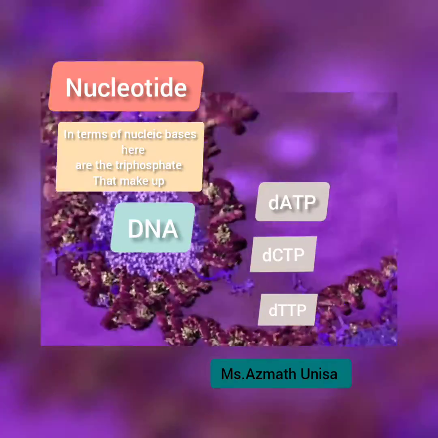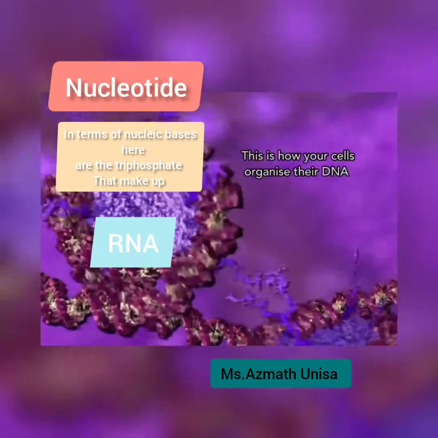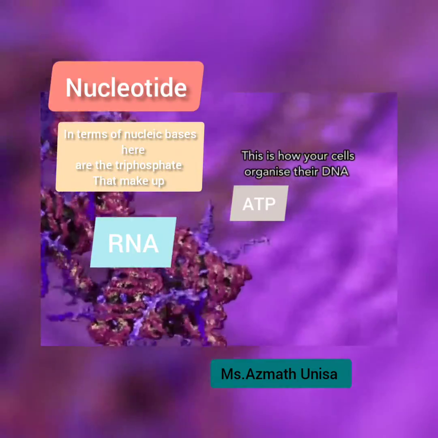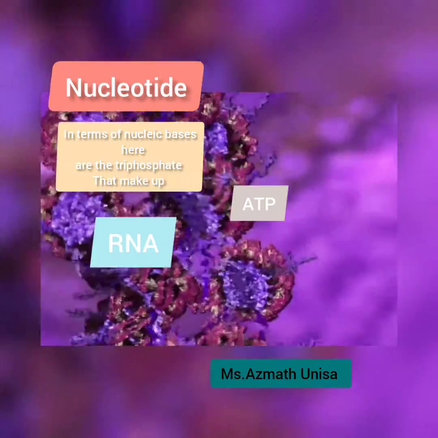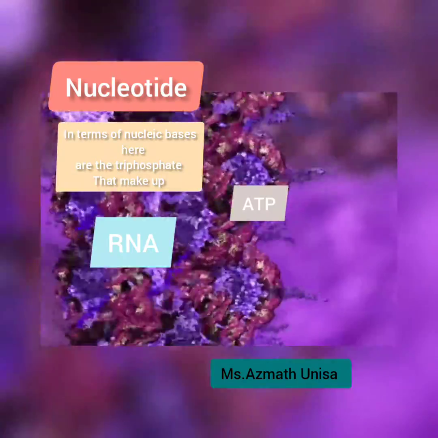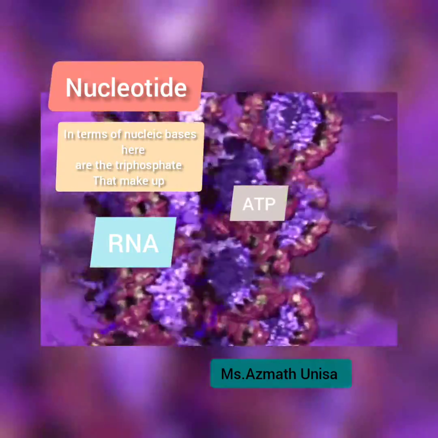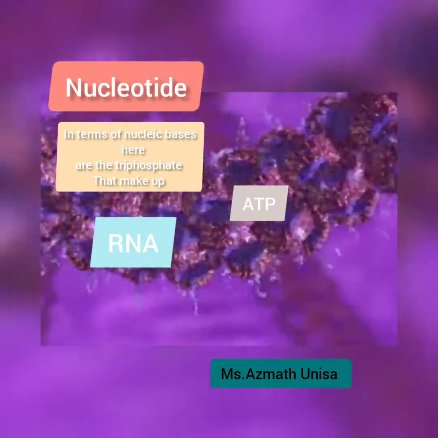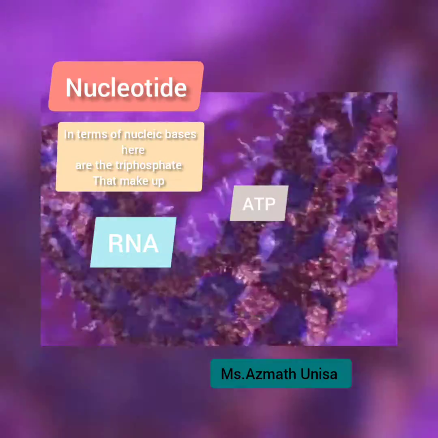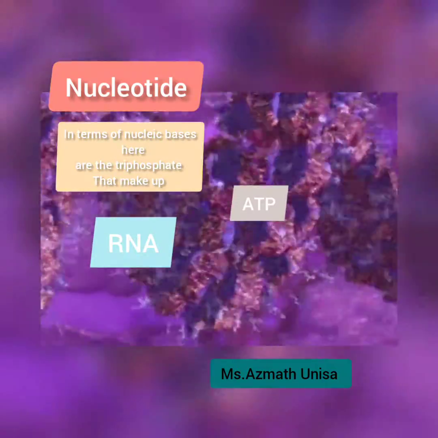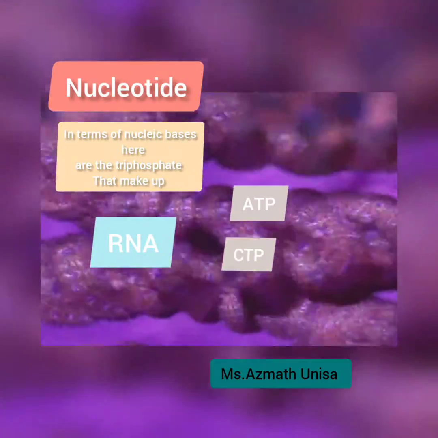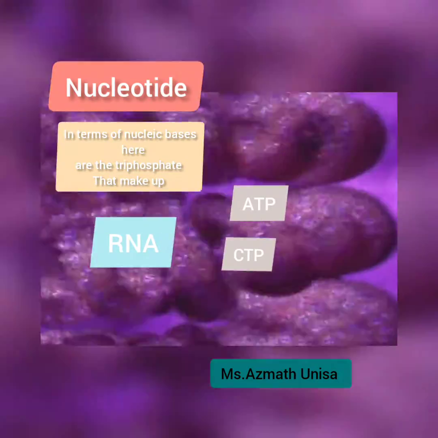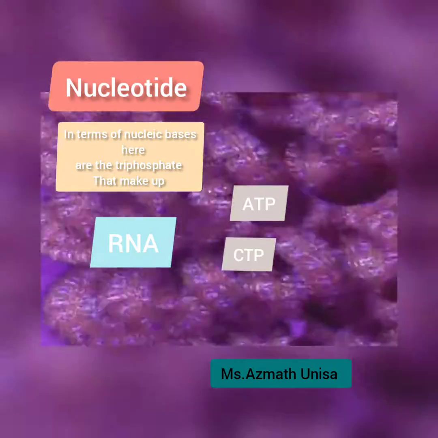So the nucleotides that make up RNA are ATP, adenosine triphosphate, a nucleotide that is made up of ribose sugar, an adenine base and 3 phosphate groups. CTP, cytidine triphosphate, a nucleotide that is made up of ribose sugar, a cytosine base and 3 phosphate groups.